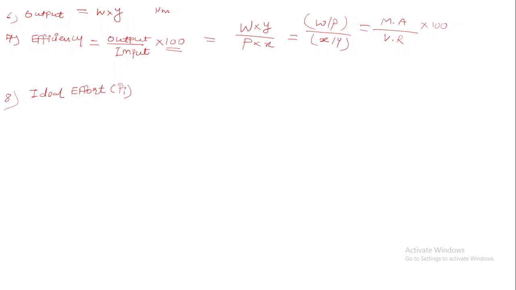That is called as ideal effort Pi. Okay, so ideal effort is defined as Pi is equal to load divided by velocity ratio. Pi is ideal effort, W is load, and VR is the velocity ratio.